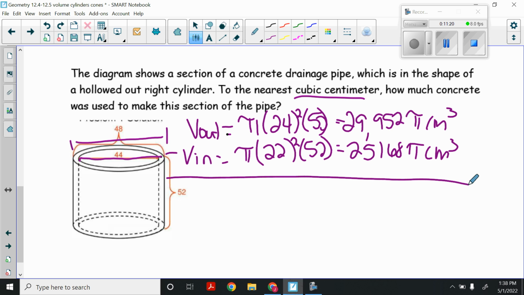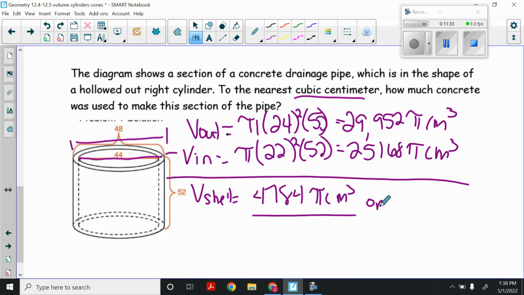This time I want to subtract them to get the volume of the shell. And you get 4,784 pi cubic centimeters, or 15,029.4 cubic centimeters of concrete is used to make that section of the drainage pipe.